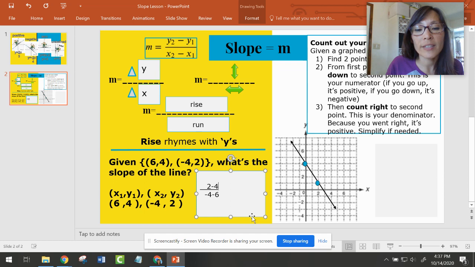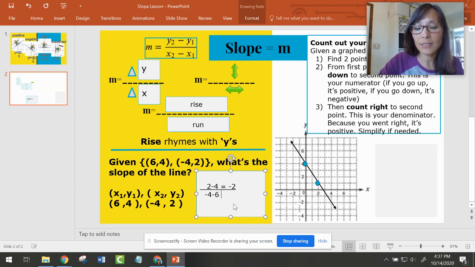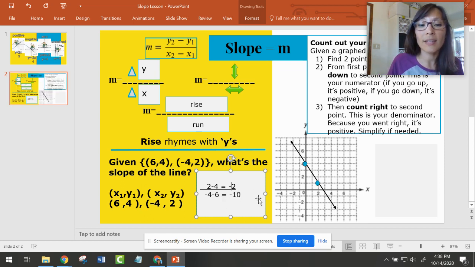So now I want to calculate what 2 minus 4 is equal to. That is negative 2. And what is 4 minus 6 equal to? That is negative 10. And now negative 2 tenths, I need to simplify, because that value is the same as 1/5.